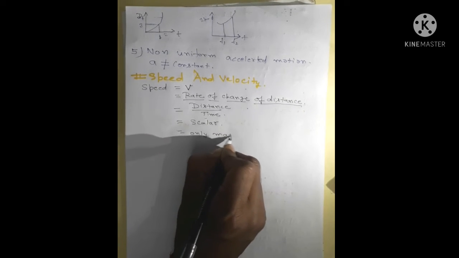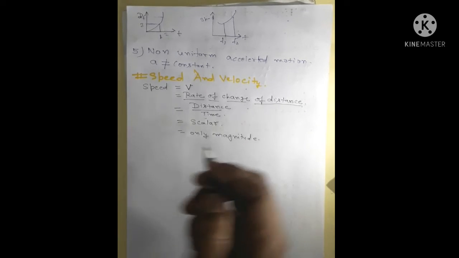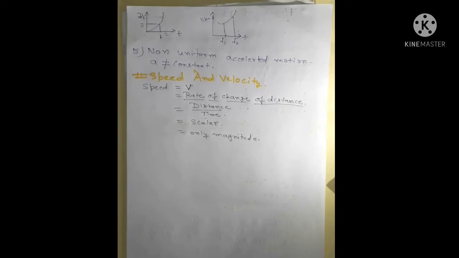Speed is represented by V. What is speed? Rate of change of distance is known as speed. Speed is equal to distance by time. Speed is a scalar quantity with only magnitude, no direction.